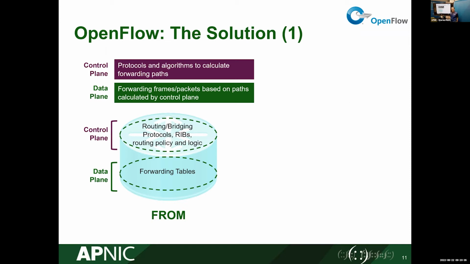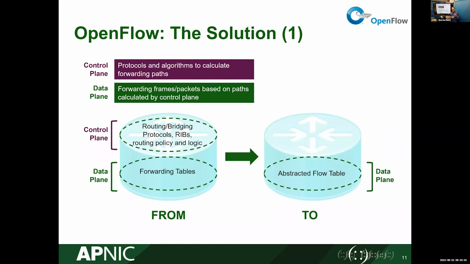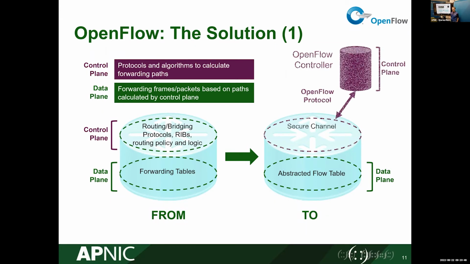Could we potentially take that and separate those out? And we separate those. So we still have our hardware that does all the data plane component that is sending the packets onto the wire. And let's separate the control plane and put it into what's called an Openflow controller.